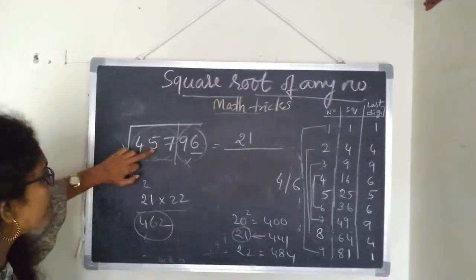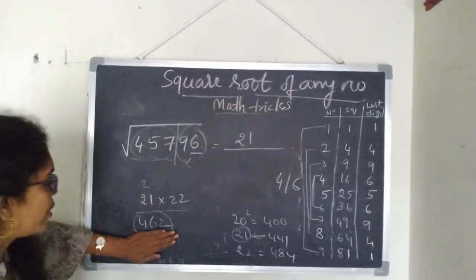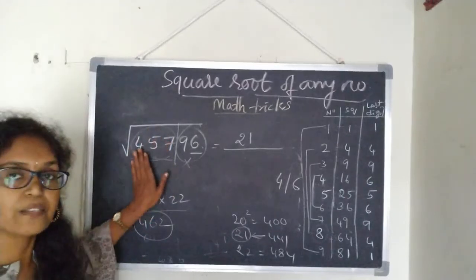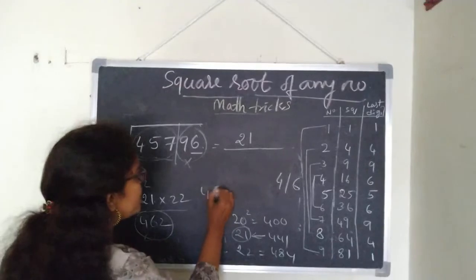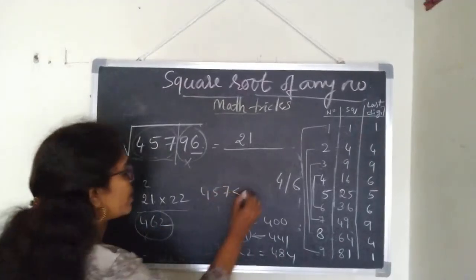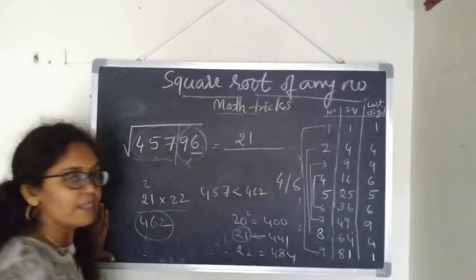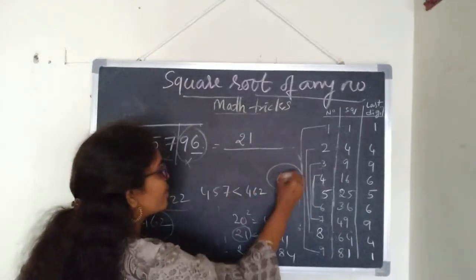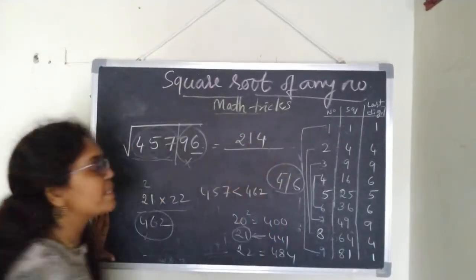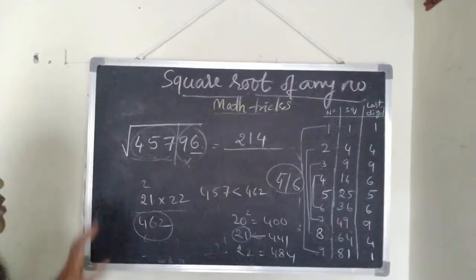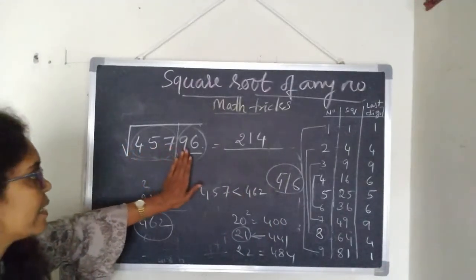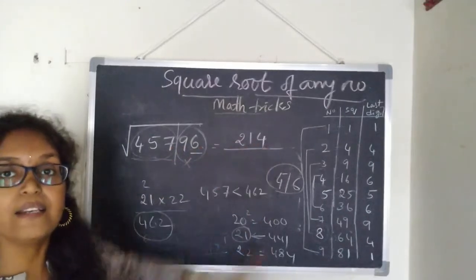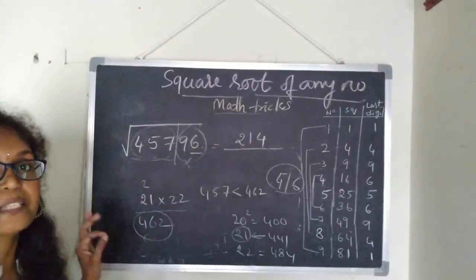So the 462 and 457, the product value and the question value, we have to compare. 457 is less than 462. So in these two the smaller value is 4. Therefore our required value is 214. So the square root of 45,796 is 214.